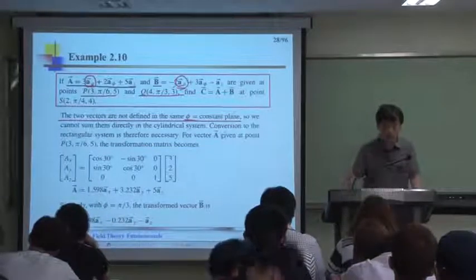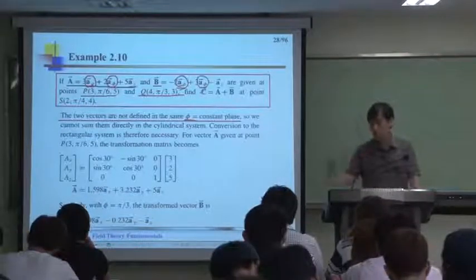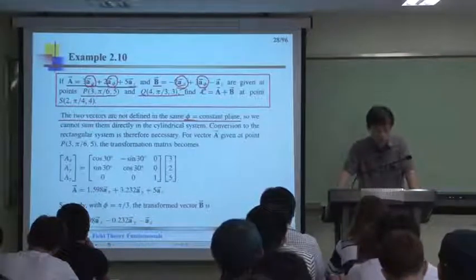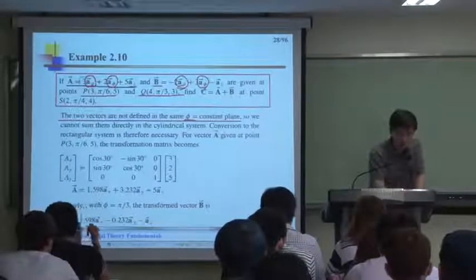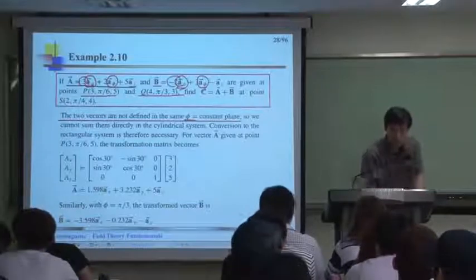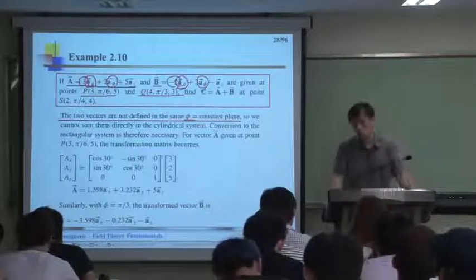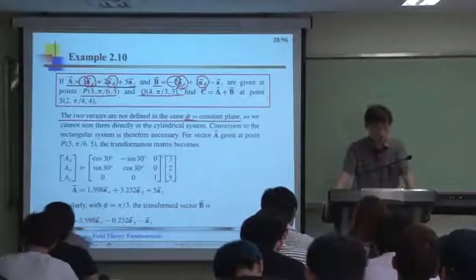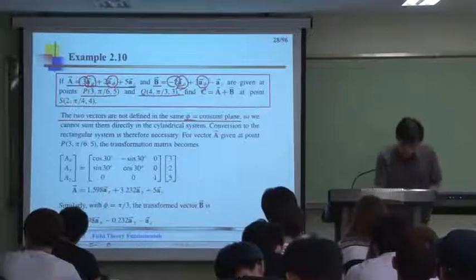It's not the same, and this phi and this phi are in different orientations. So that's why you cannot add these numbers directly. It should be transformed into the XYZ coordinate or the rectangular coordinate system. So, okay, we already have studied that.